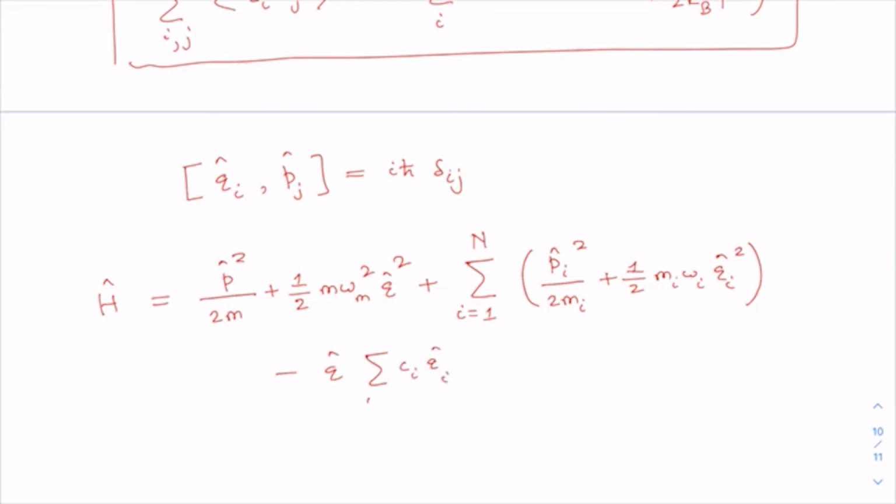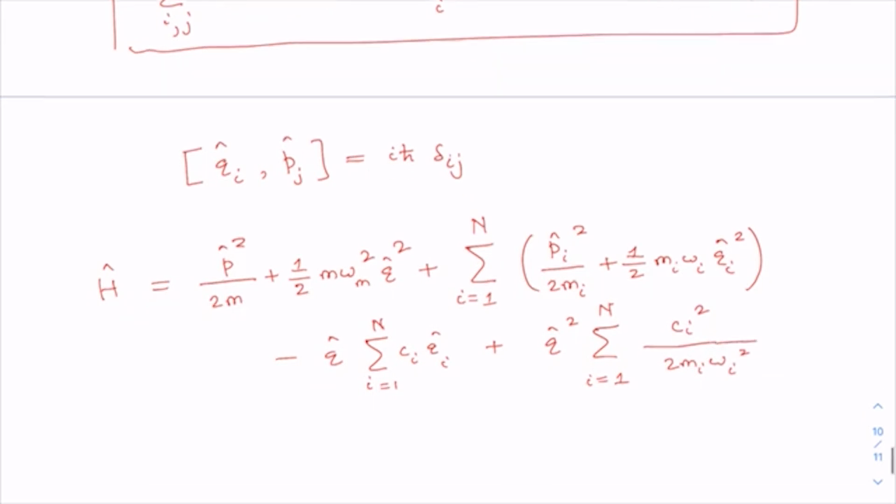This is exactly what we wrote for the classical case as well. Then this term is added to cancel the effect of shifting of the frequency of the system oscillator. So we have this term ci squared over twice mi omega i square.